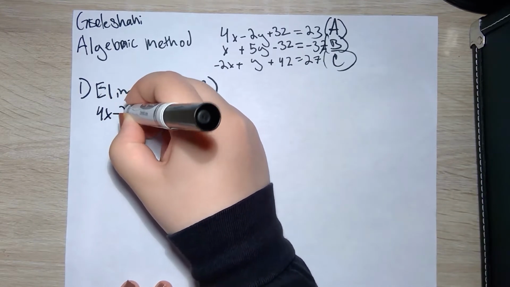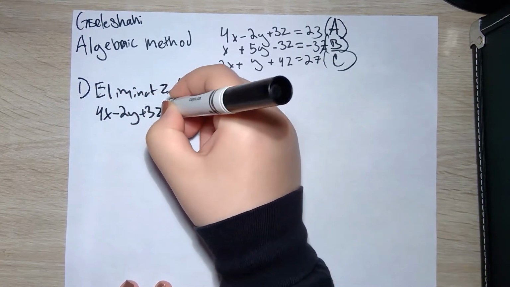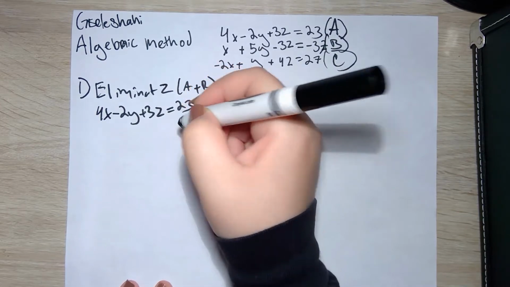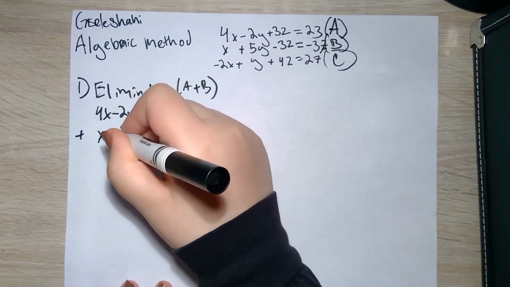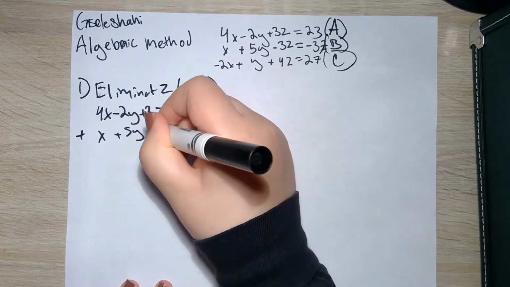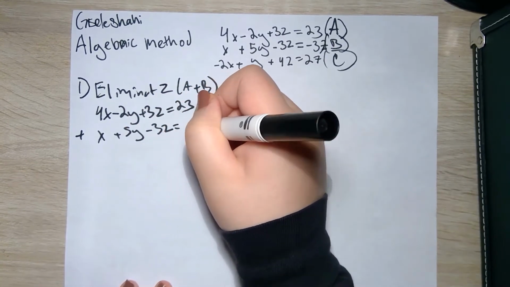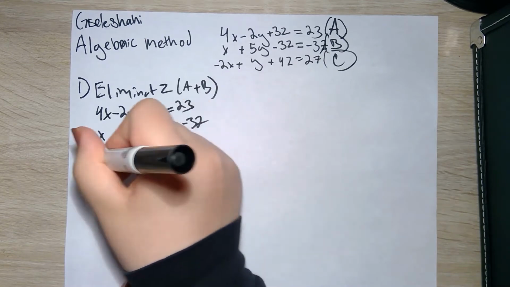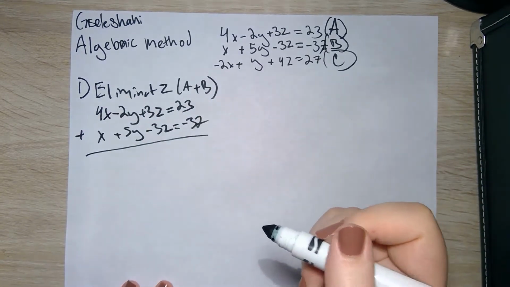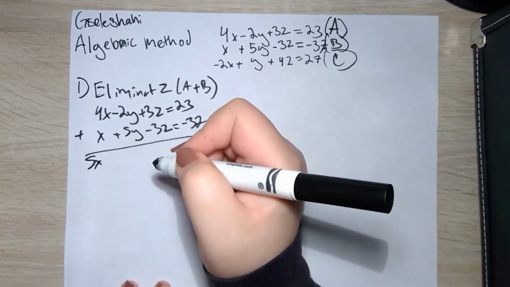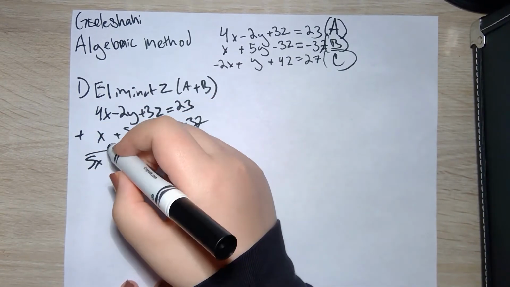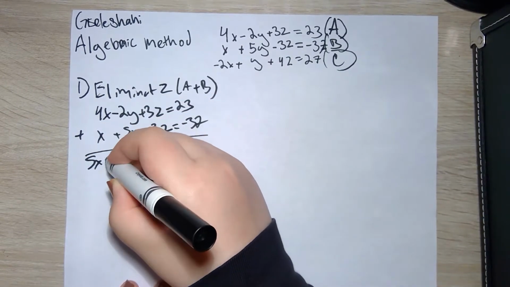4x minus 2y plus 3z equals 23. Addition is always adding. x plus 5y minus 3z equals negative 37. So 4x plus x is 5x, negative 2y plus 5y is 3y.